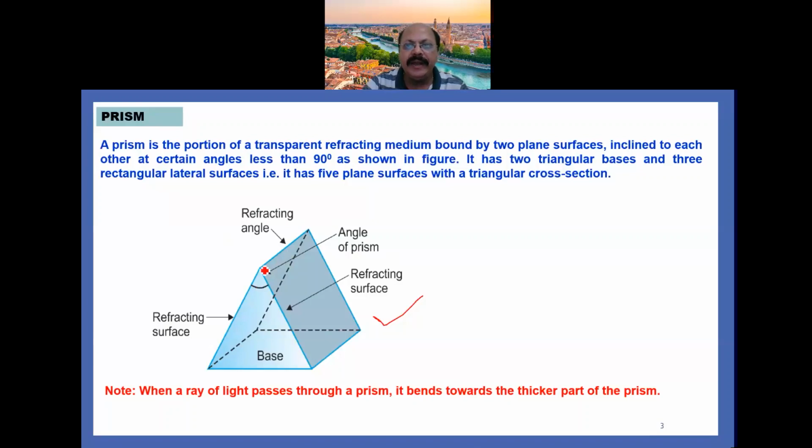It has two triangular bases, one is this, another one is this. And three rectangular surfaces. One is this rectangular surface, another one is this, and the third one is this, which is the base.